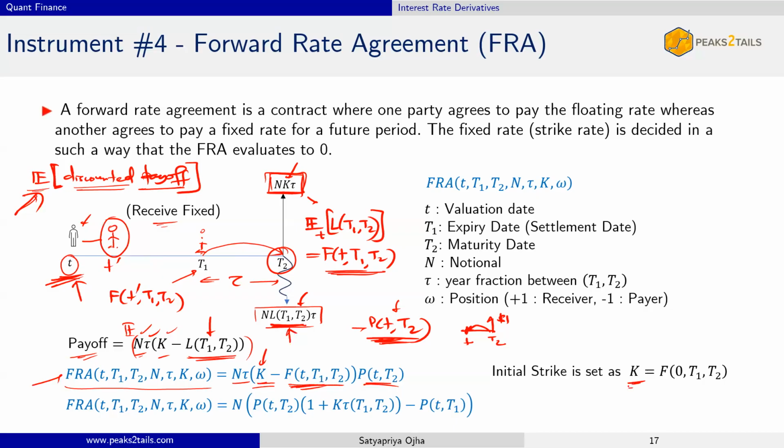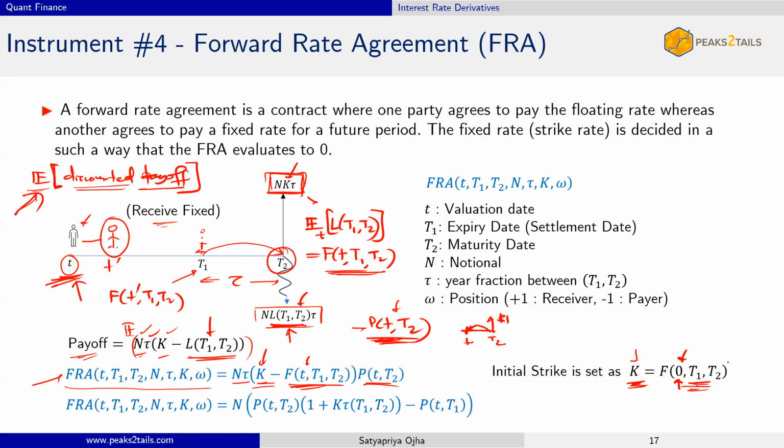I replace small t with 0 because this is at inception, not any arbitrary t. At time t equal to 0, this is my strike price K that needs to be fixed. So K is nothing but, at the inception, what is the forward rate between T1 and T2 at time 0?